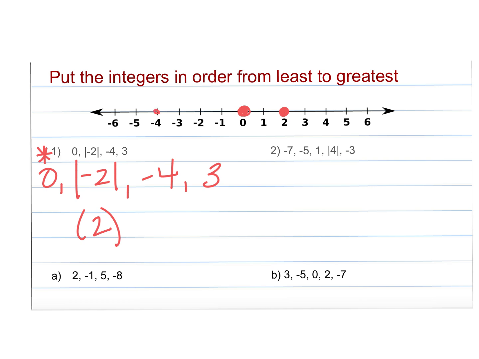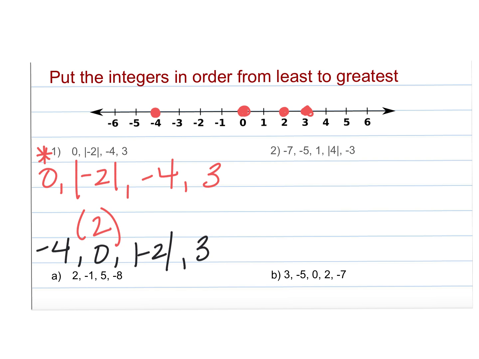And then negative 4 is over here, and 3 is over here. It's easy when you put it on the number line because now putting it in order, I just know that I'm going to go from left to right. So in order then would be negative 4, 0, the absolute value of negative 2, which I'm going to rewrite in the original form that it was given to me, and then 3.